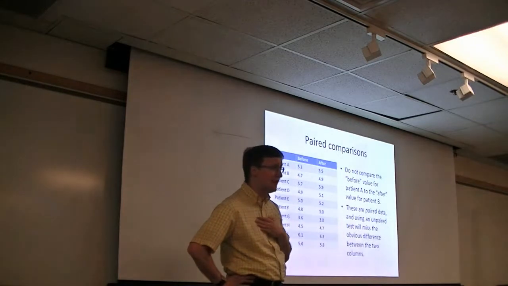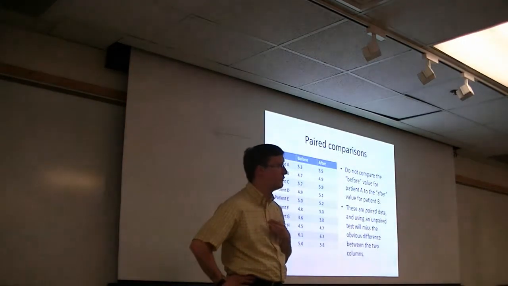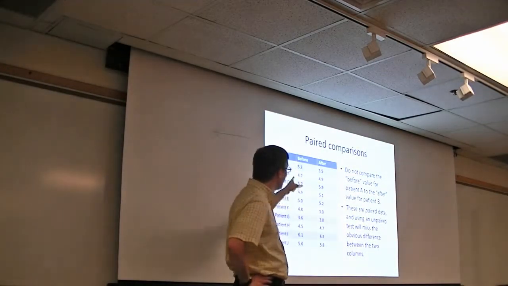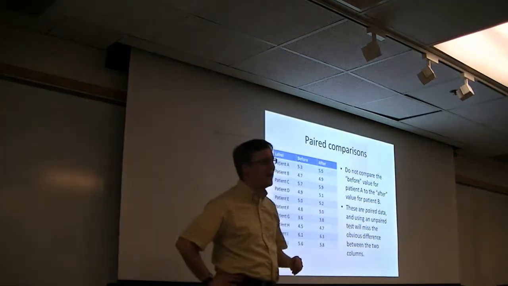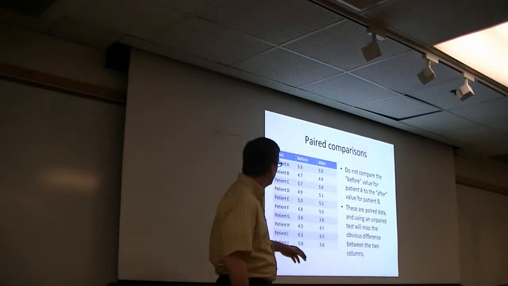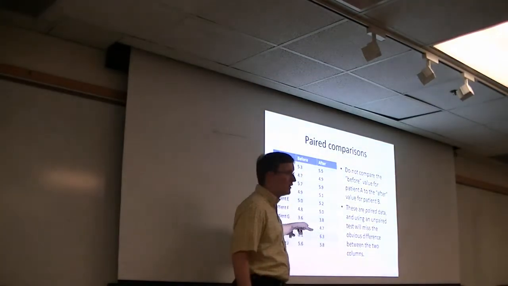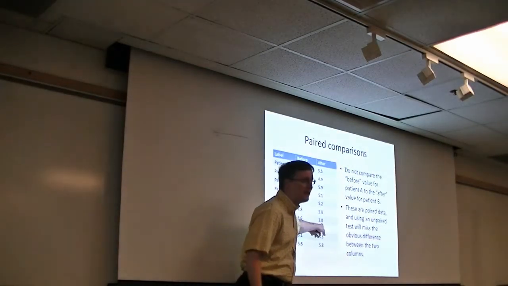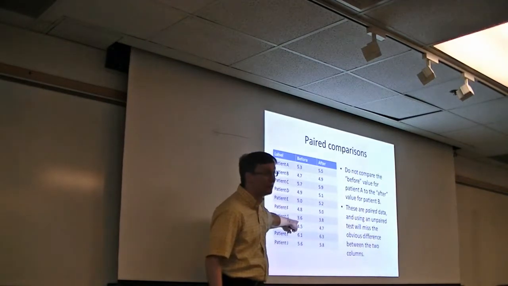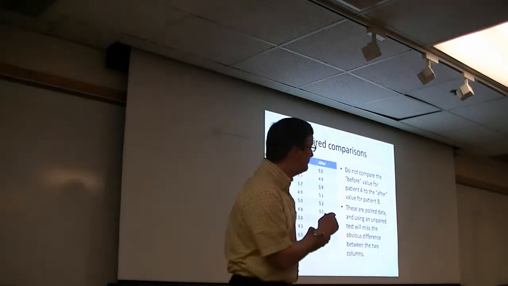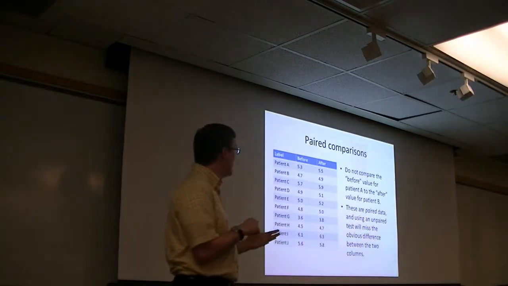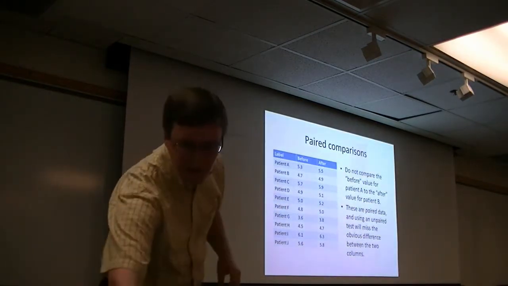But if you do this as a paired t-test, you're going to get a very different result. And the reason is that there's a fixed value differentiating all of the befores from all of the afters. So the after result is very heavily dependent on that because the low values we see in after are also low values in the before. So the p-values that pop out of that are going to be quite different.